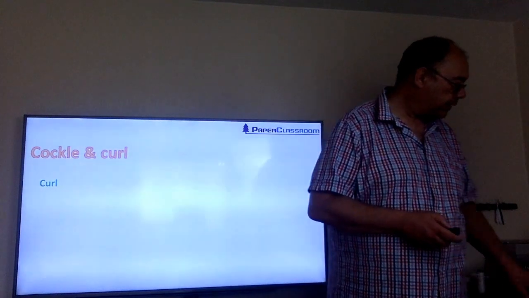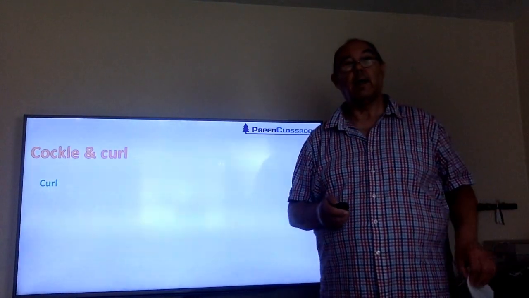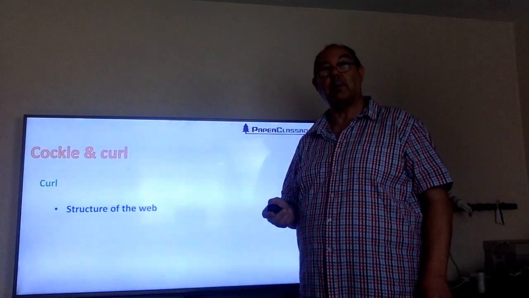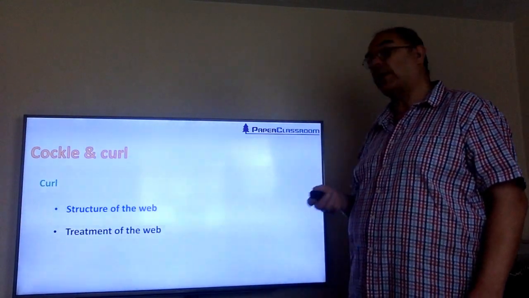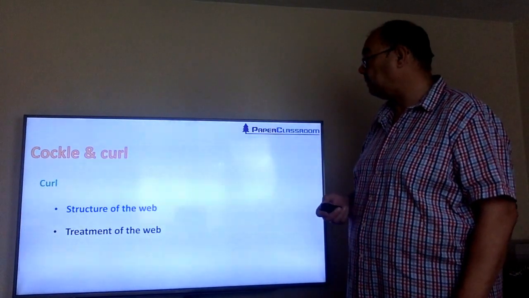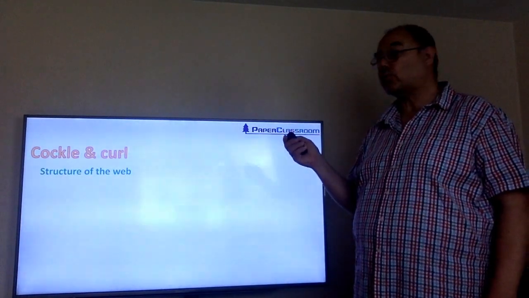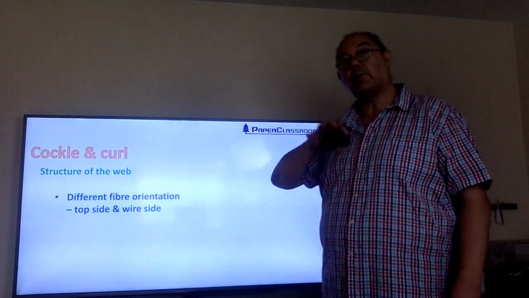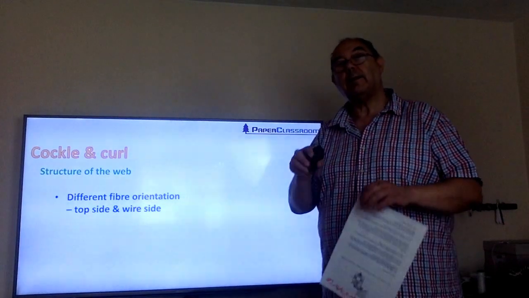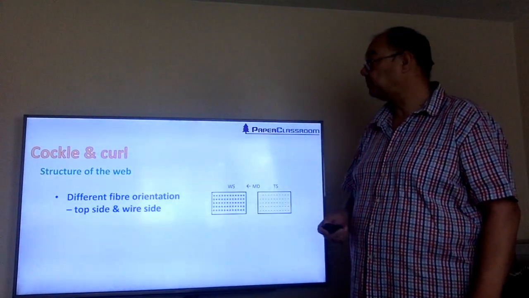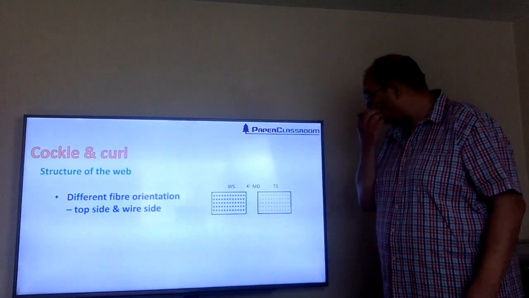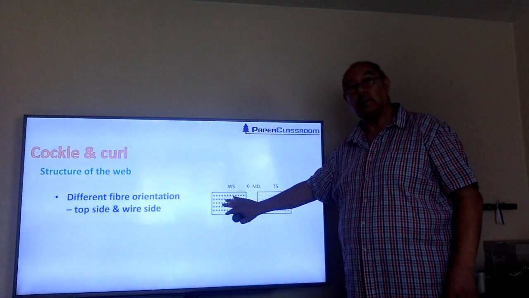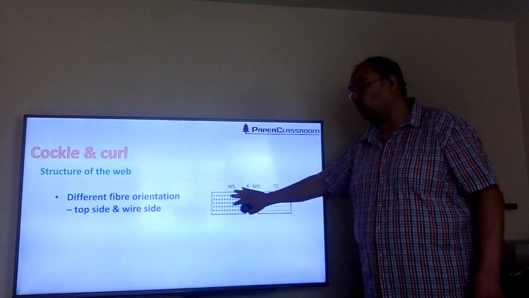Curl is an interesting subject. It can be caused by the structure of the web, or by the way that you treat the web. If we talk about the structure of the web, then if you have different fibre orientations, top side and wire side, then they will shrink in different ways. As an example, if this is the top side of your sheet and all the fibres are random, and that's the wire side of the sheet.